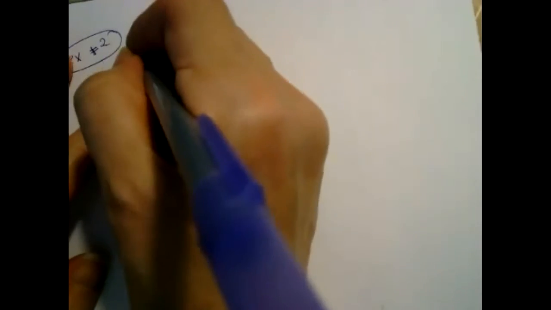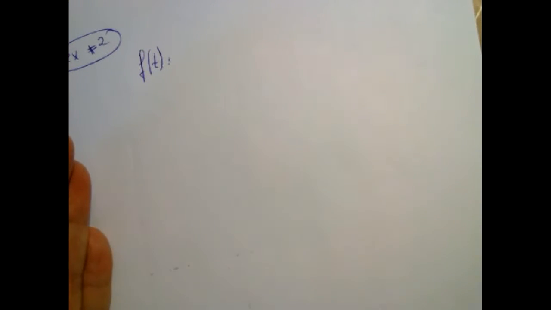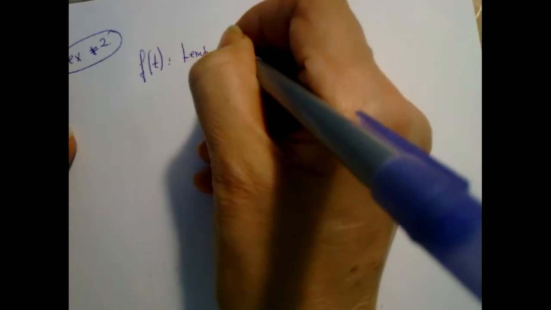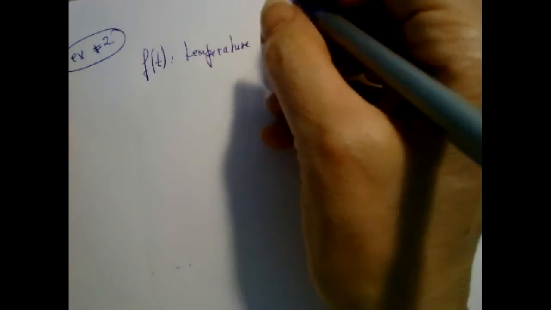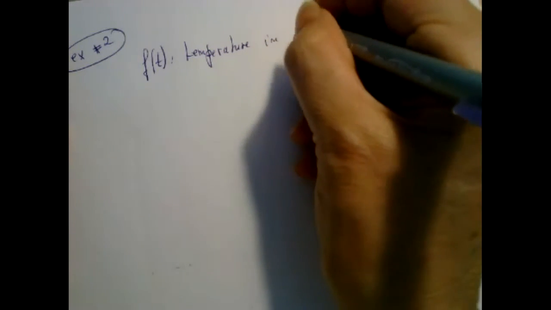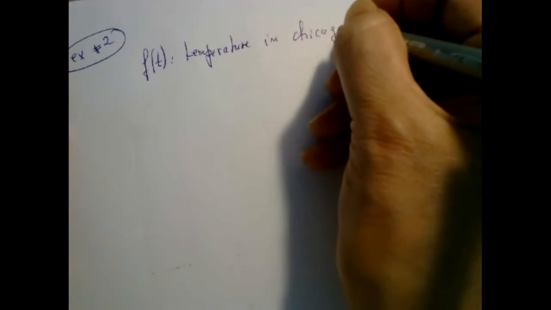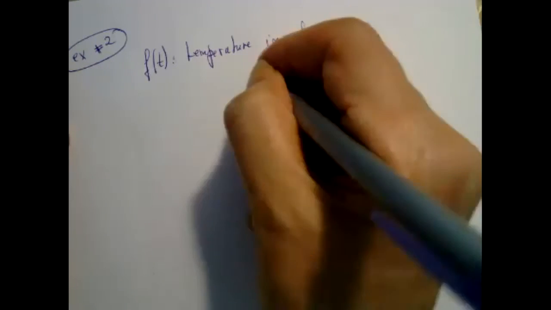My function now is the temperature. So throughout a day, the temperature changes. We know that. So it changes with time. In the morning, we have a temperature, and then the temperature is varying with time. And suppose f of t represents the temperature in degrees Fahrenheit in Chicago on a specific day.